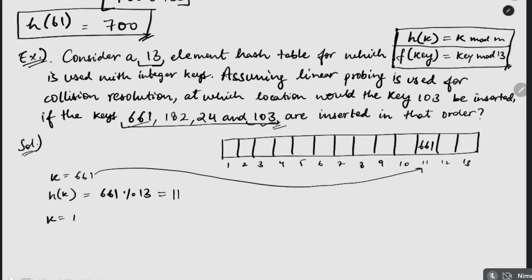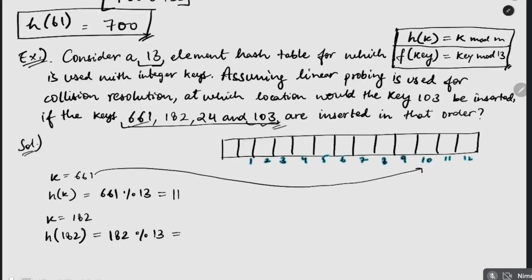Next key is 182. Right, so what is hash of 182? So 182 mod 13. Oh, by the way, since we want to write indices, we'll write them in form of indices rather than positions, right?